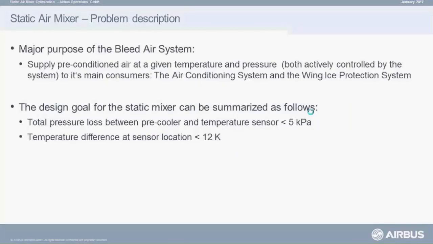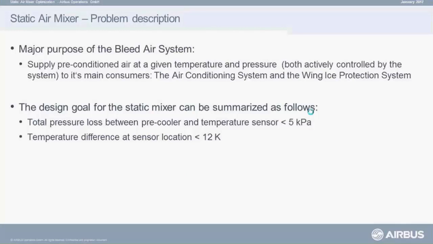As I said, major purpose for the bleed system: air conditioning and wing ice protection system, and we can summarize the design goals, the requirements that we have for this air that we take off, basically in two numbers. First of all, it's the pressure loss between the pre-cooler and the temperature sensor must not be more than 5 kilopascals.